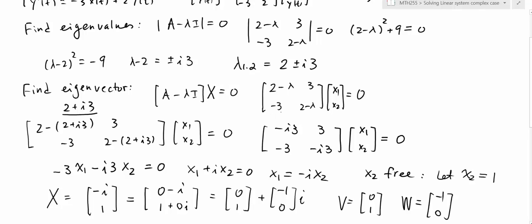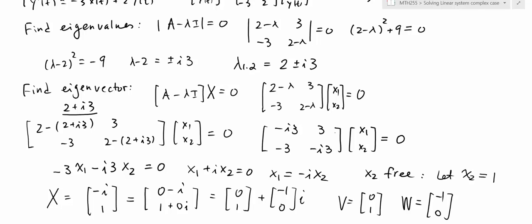Then we set up the vector in component form, x1, x2, and plug in lambda. Lambda we use 2 plus 3i on the main diagonal. Then we simplify. We have this complex matrix, -3i, 3 in the first row, and -3, -3i in the second row. We can use the usual method of reducing the coefficient matrix to echelon form.